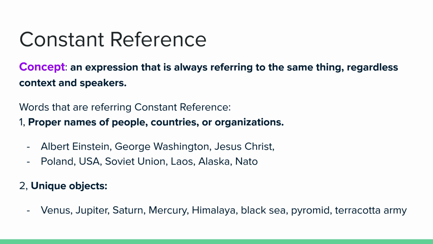In the group of unique objects of constant reference, those objects are like Venus, Jupiter, Saturn, Mercury, Himalaya, Black Sea, Pyramid, Terracotta Army. So when those objects are spoken by the speaker or to the listener, everybody has the same constant referring object in their mind, no matter who's speaking, when they are speaking, and where they are speaking.